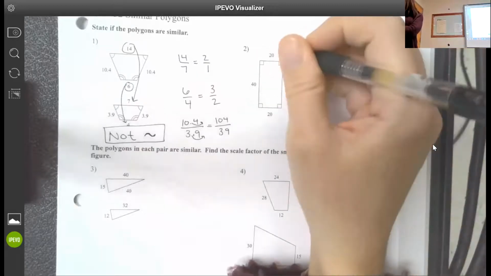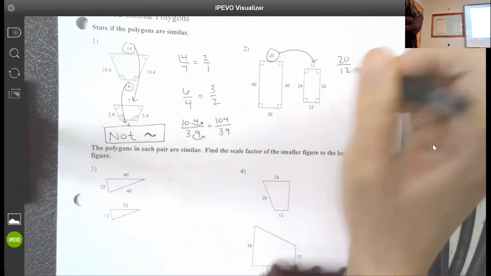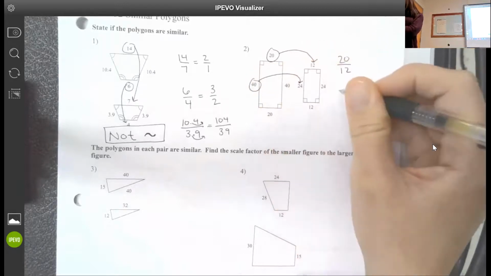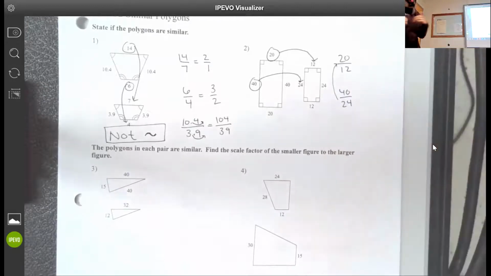Number 2. I don't have to compare all 4 sides because I have a rectangle here. So if I look at 20/12, is that going to reduce the same as 40/24? Maybe we can even see that the top one is half the bottom one, so I can already see that they're proportional.